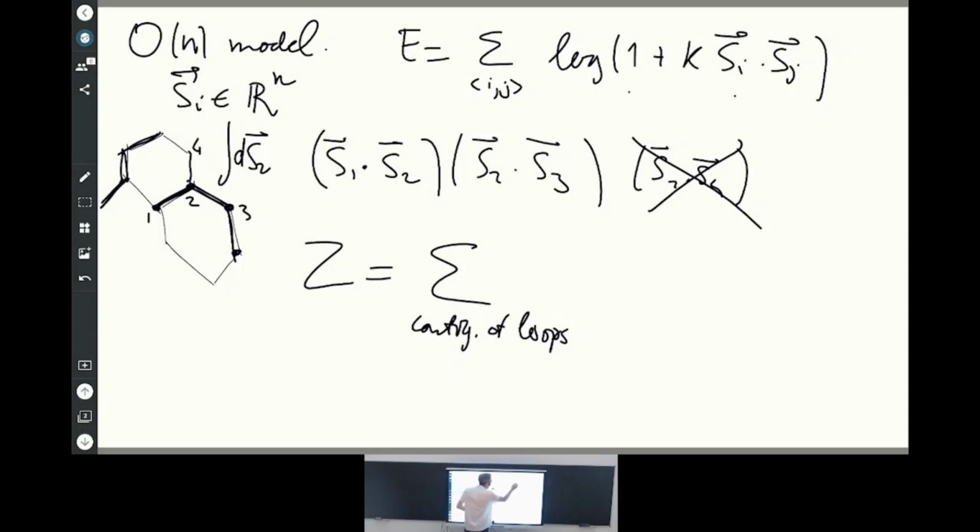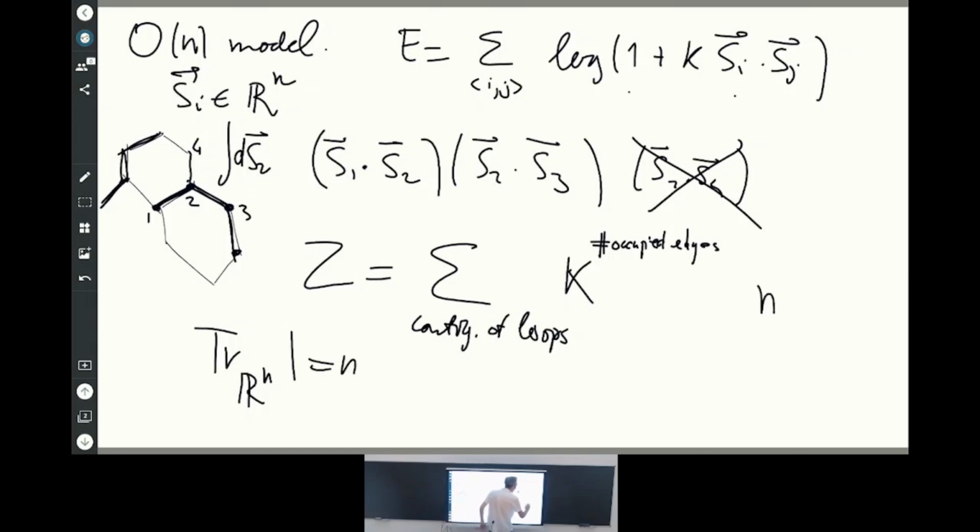Well, it depends on k. There is a factor k to the number of occupied edges. But most importantly, when you close a loop, you get a factor which is the trace over this vector representation of the identity, which is n. So you get a factor n to the number of loops.